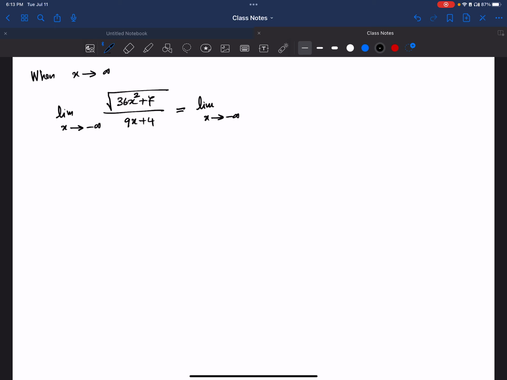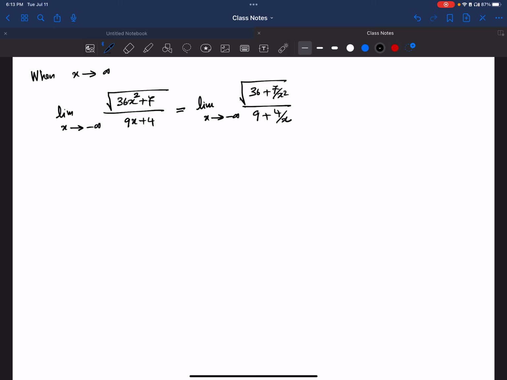You're going to end up with 36 plus 7 over x squared divided by 9 plus 4 over x, right?